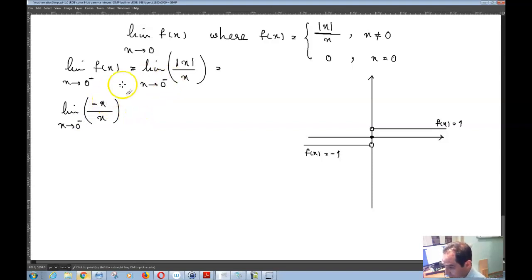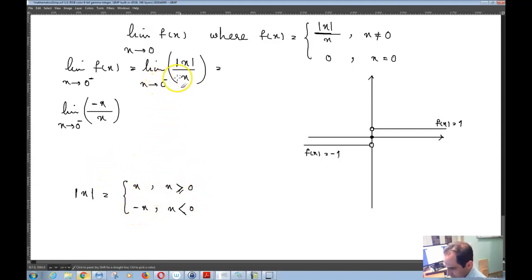And the reason why I write the absolute value of x as negative x is that based on the definition of the absolute value function, the absolute value of x is equal to x when x is greater than or equal to 0, and it's equal to negative x when x is less than 0, meaning that for negative x's the absolute value of x is equal to negative x.